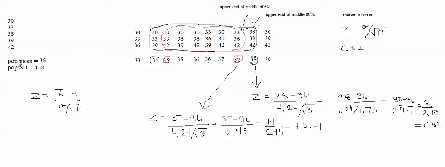So the population standard deviation is sigma. That's what sigma stands for. So it's 4.24 right here, over the square root of n. N is still 3 because each of the samples has 3 numbers.